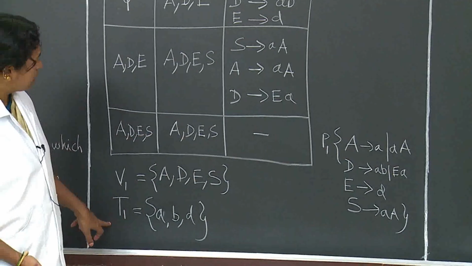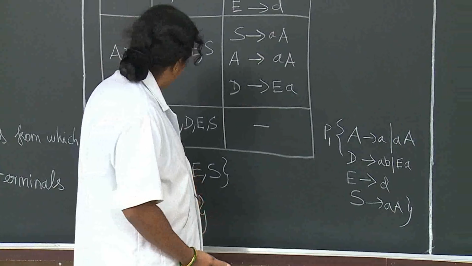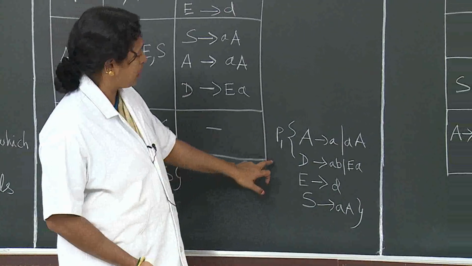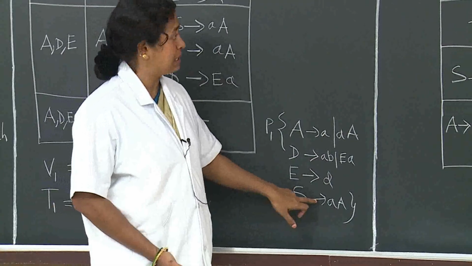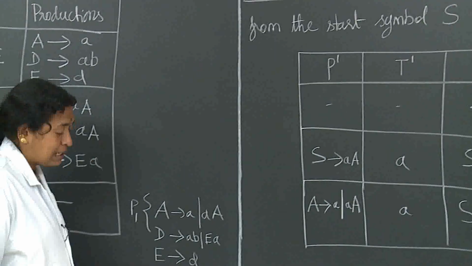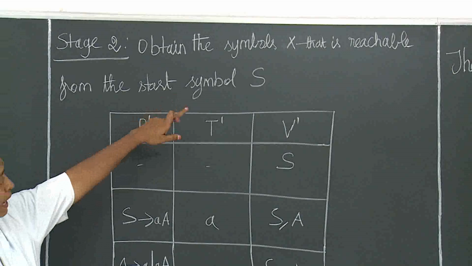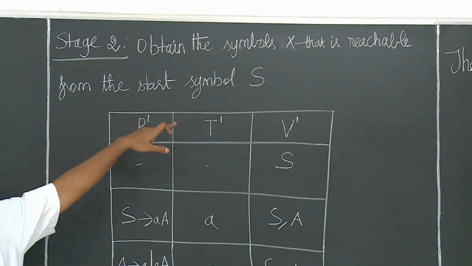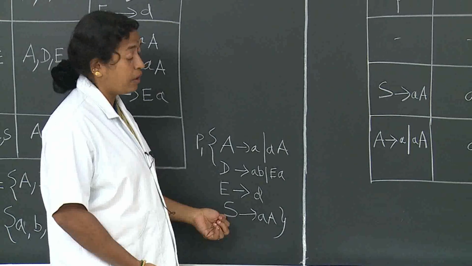The terminals are a, b and d. Based on these variables and terminals we can have the productions for capital A, capital D, capital E and capital S. Considering this as the input to the second stage, we have to obtain the symbols X that are reachable from the start symbol S. Whatever is reachable from capital S, we are going to consider.